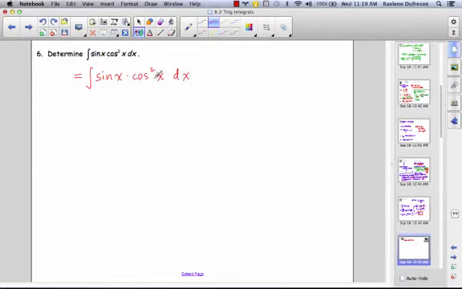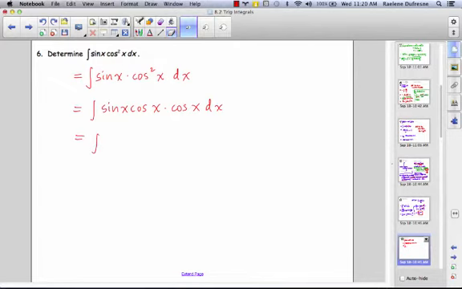So maybe we want to use integration by parts. We could also rearrange the product so that we have sine x cosine x multiplied by cosine x dx, if that suggests a better reorganization. We could also see that we have a composition, and writing it in this form may make something seem a little bit more logical.